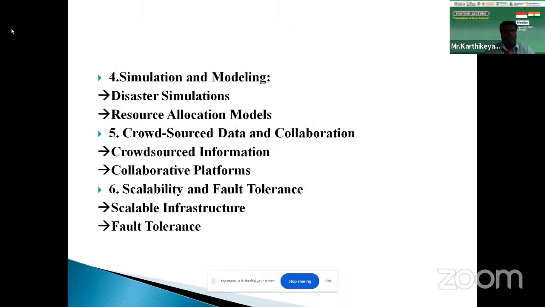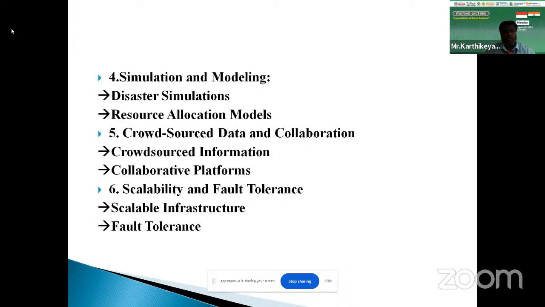And the next one is simulation and modeling in disaster management. This follows disaster simulation and resource allocation models. Disaster simulation means running complex simulations to model disaster scenarios and predict the outcomes.